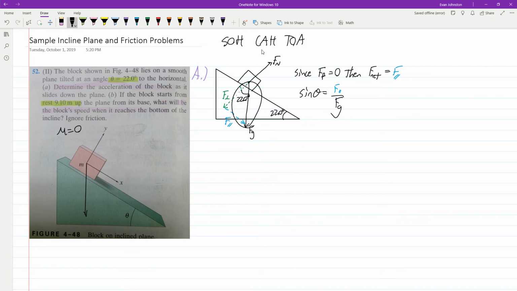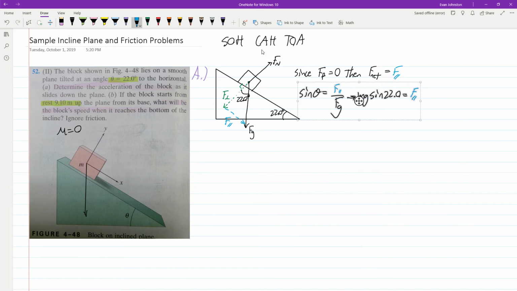That would be the hypotenuse of this triangle, okay? And we know that Fg, the force of gravity, is really just mg, right? And so hopefully we can just say that mg times sine of my angle, which is 22.0, is equal to my force parallel. That's the whole idea here.